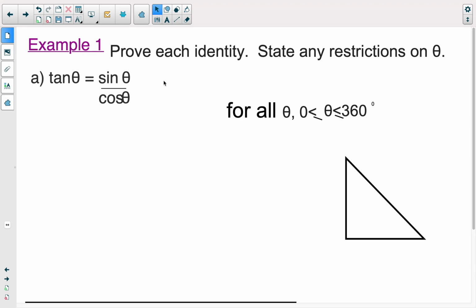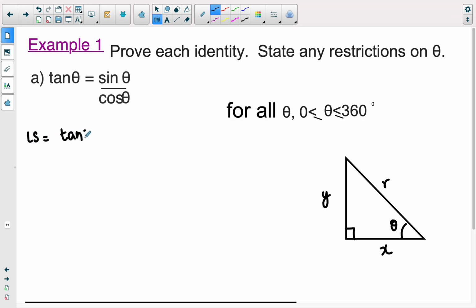We're going to do a proof for this identity. So we're going to start with a right angle triangle. Let's say this angle here is theta, this is y, this is x, the hypotenuse is r, and the left side of our identity is tan theta. We have to prove that it's equal to sine theta over cos theta.